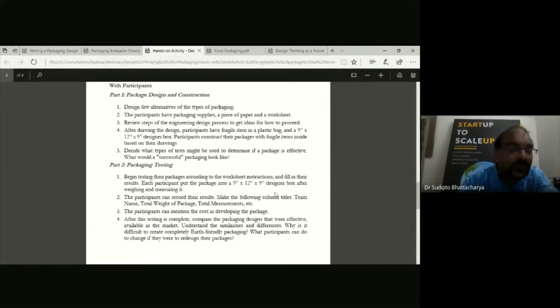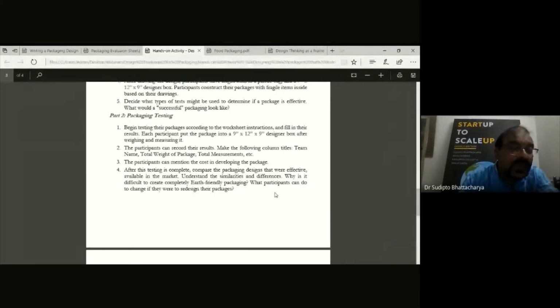Now we are coming to the package testing part. We are trying to implement whatever we have learned to safeguard the package and the product, as well as minimize the waste. Then we capture some of the confirming data of the package, like the total weight of the package, the total measurements, what are the materials we have used, what might be the total shelf life for that package if it has perishable goods inside it.